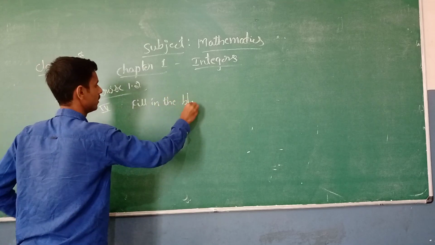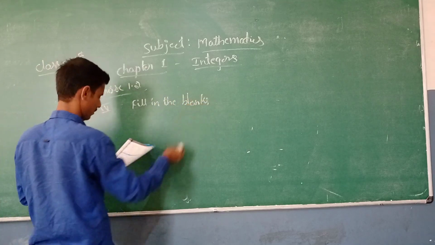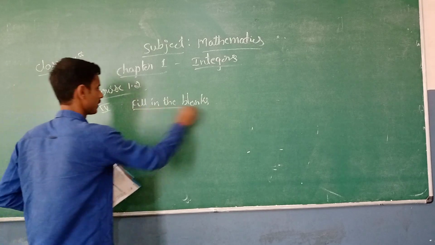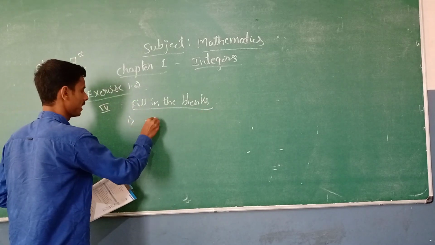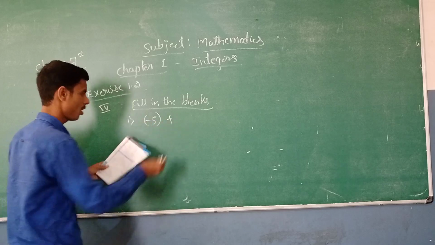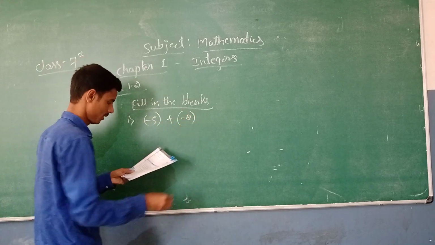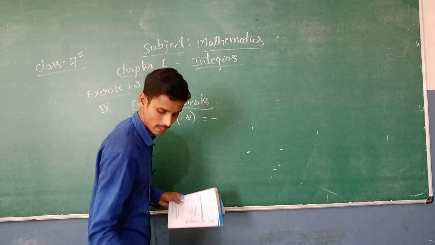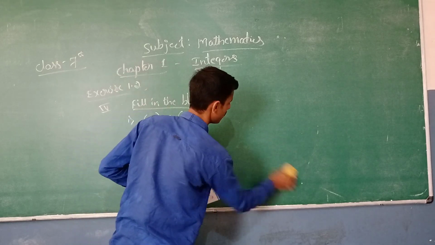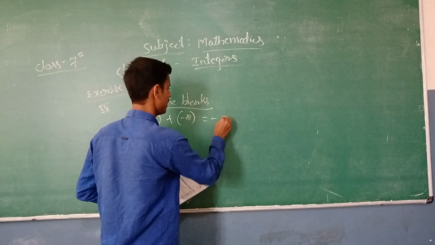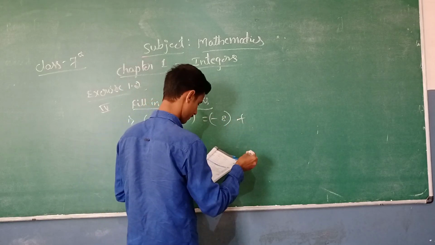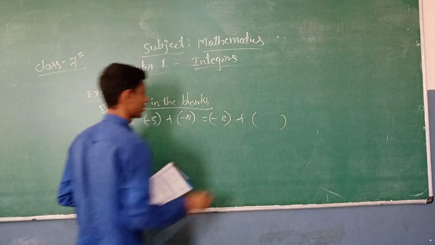First one: -5 plus of -8 equals -8 plus of dash.